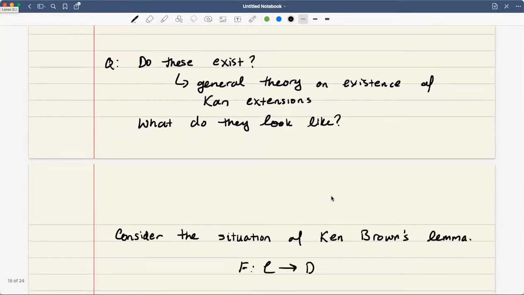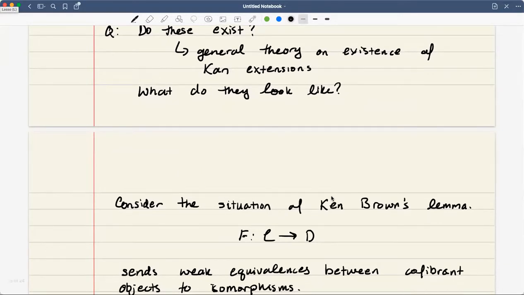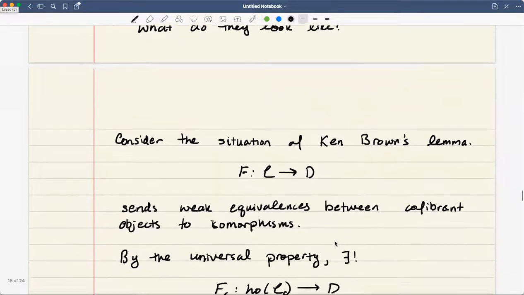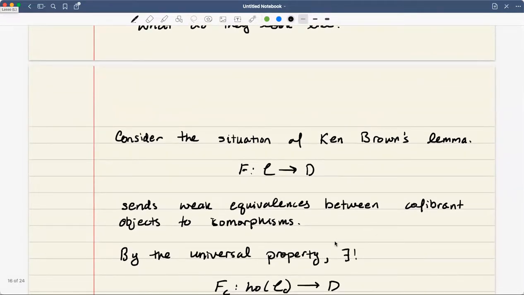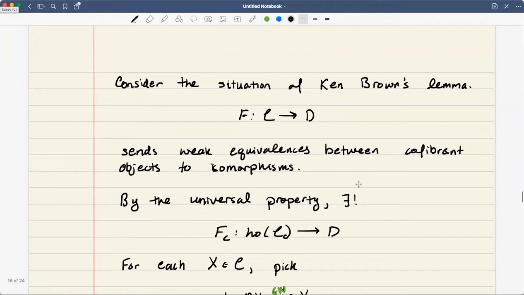In the situation of Ken Brown's lemma, we had a model category C, and D was only required to be a category with weak equivalences, but let's just say D is a model category as well. The situation of Ken Brown's lemma just means that acyclic cofibrations between cofibrant objects are sent to weak equivalences.